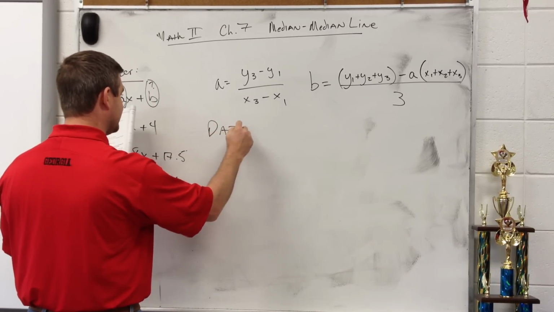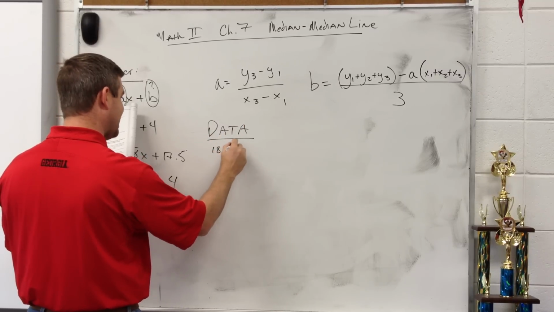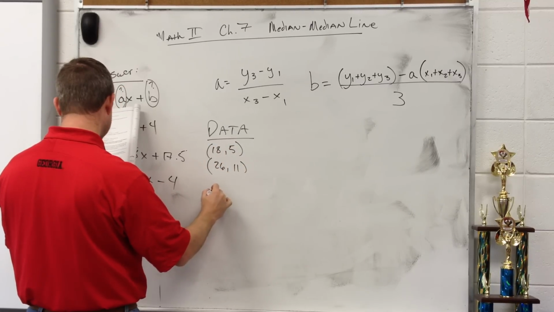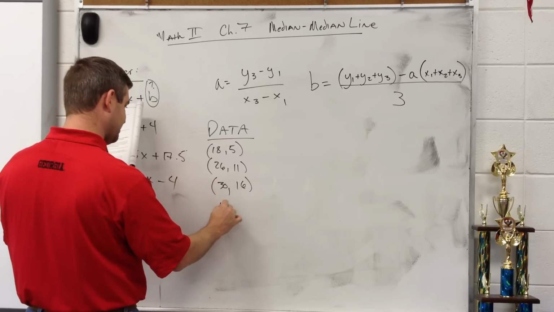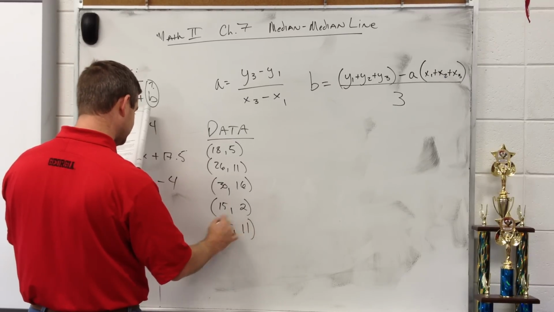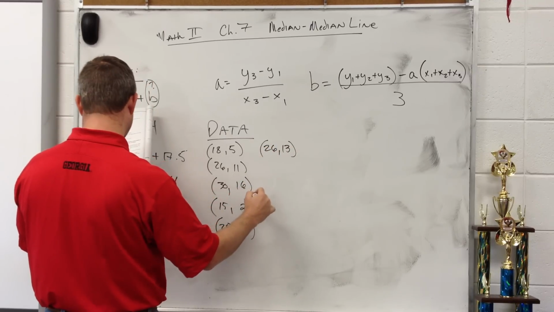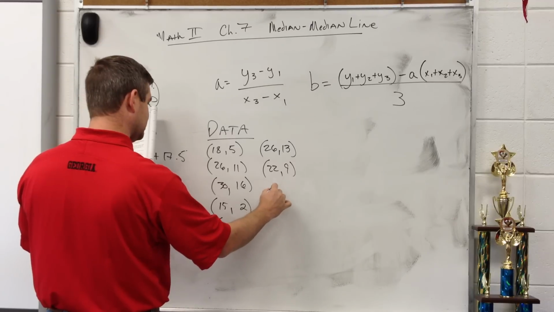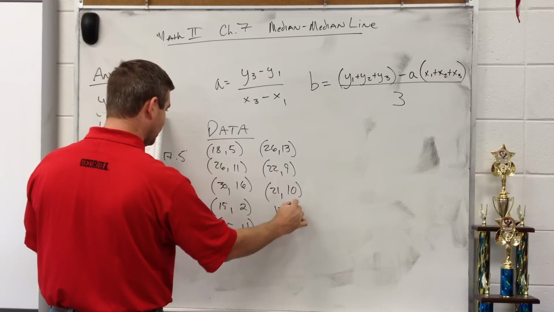So here's your data. 18.5, 26:11, 30:16, 15:2, 25:11, 26:13, 22:9, 21:10, and 13:1.